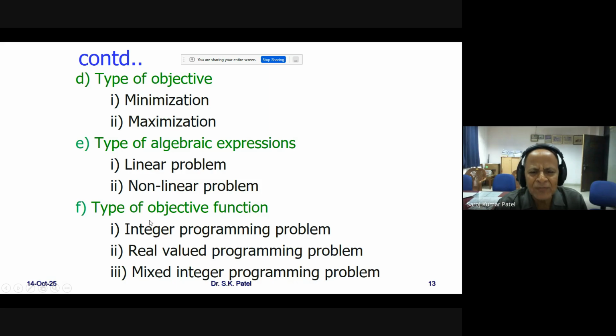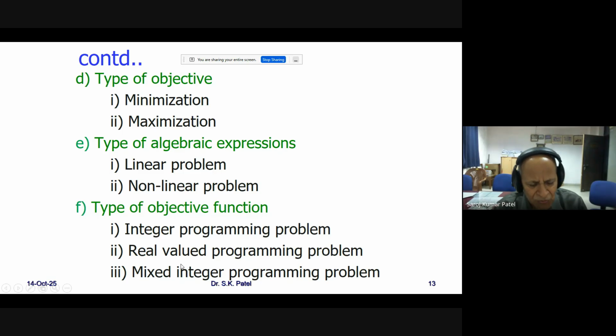Then depending upon the type of variables, it can be an integer programming problem where the decision variables x1, x2, xn can take only integer values. If the unknown variables can take any real value, meaning even fractions, we call that a real value programming problem. But if it can take integer as well as real values, then this will be called a mixed integer programming problem.